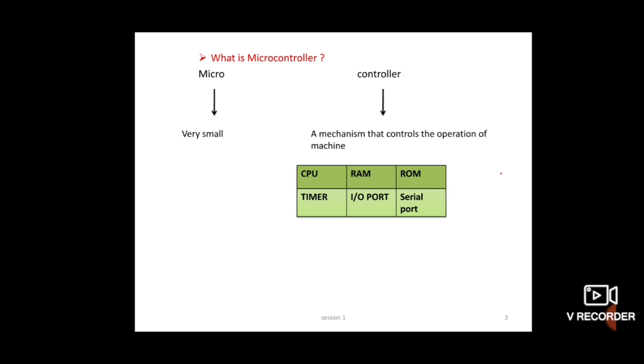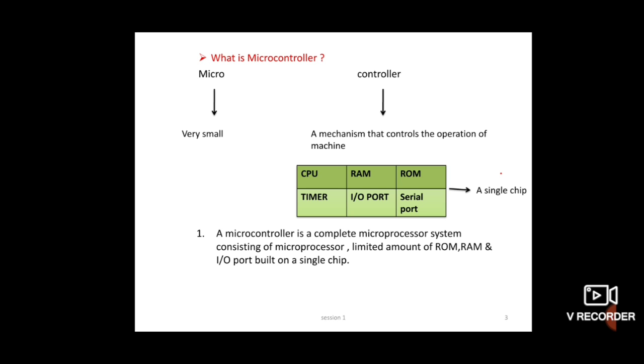In all these electronic equipments, microcontrollers are used. In a microcontroller, CPU, RAM, ROM, timer, IO port and serial port are all built in a single integrated chip, a single IC, but with limited functions.